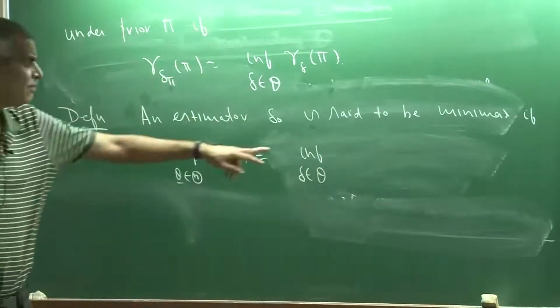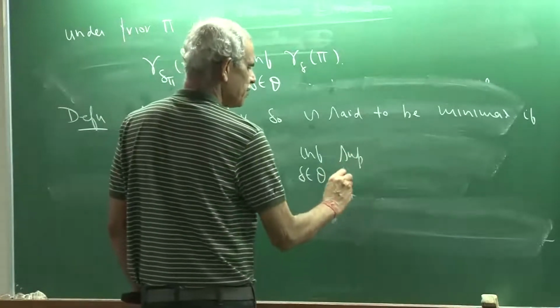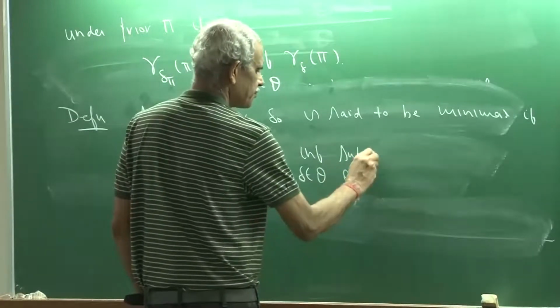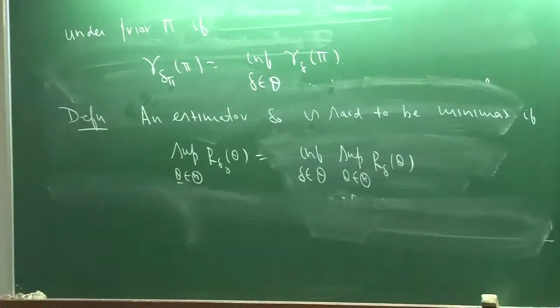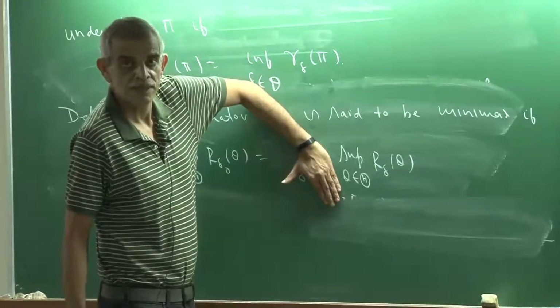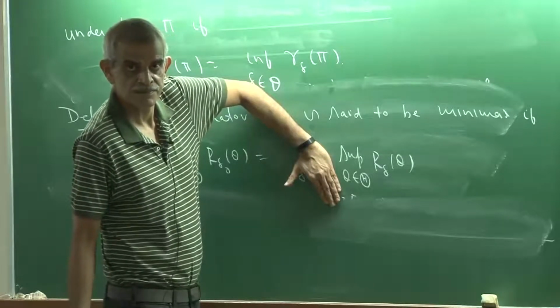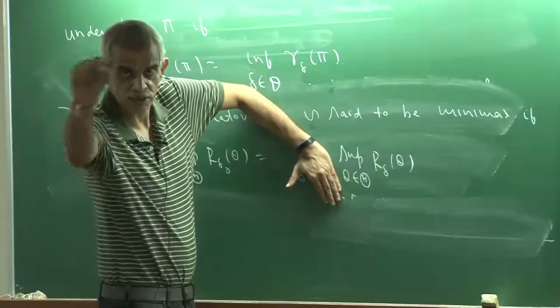So that is the same as infimum over delta belonging to the class of all estimators of the maximum risk, supremum over theta belonging to Theta of R(theta, delta). Now note that once you take the supremum, it does not depend on theta. It is a constant. And it may be possible to find an estimator for which that constant value is minimum.